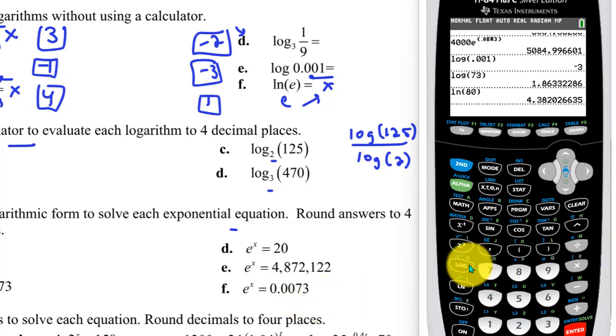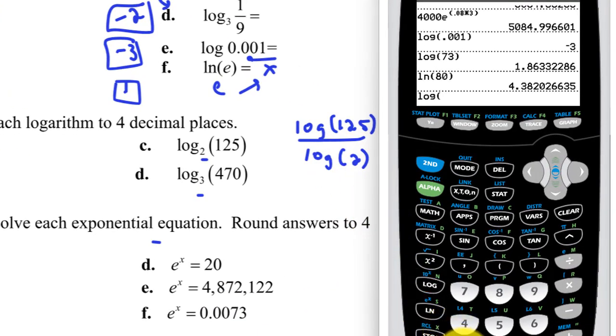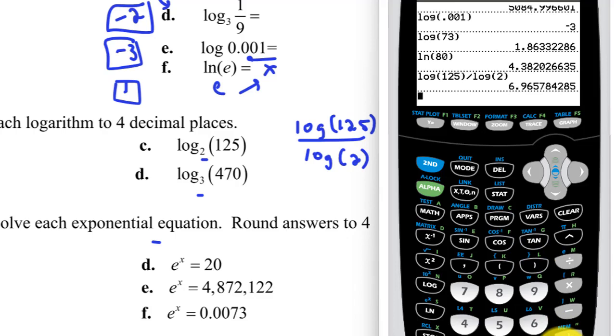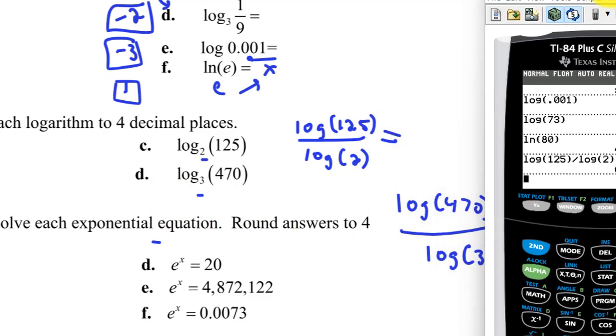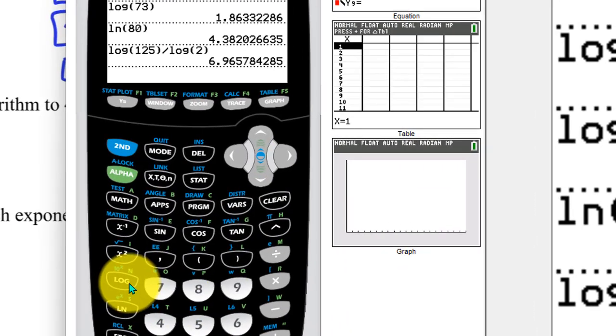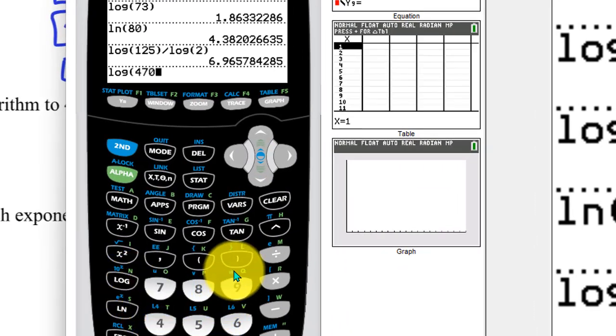All right, so here I go with the first one, log 125. Again, this is the change of base formula divided by log 2. I press enter, and my answer is 6.9658. And then for letter D, we're going to enter log 470 divided by log base 10 of 3.